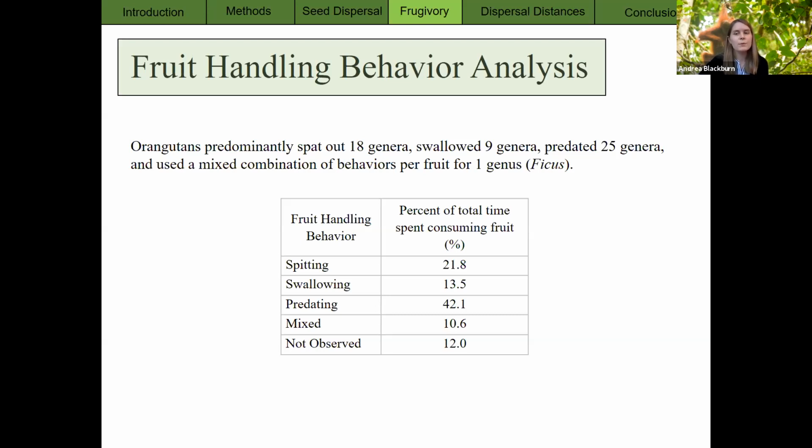We found orangutans spent most of their time predating seeds, 42% of the fruit feeding time, followed by seed spitting, about 21 to 22% of the fruit feeding time, then seed swallowing, 13.5% of their time spent feeding on fruit, and lastly, mixed handling behavior comprised the least amount of time, though this was only recorded for one genus, and so 10% of the time spent feeding on Ficus is actually quite a lot. And then the remaining fruit feeding time consisted of about 12%, and this we did not have handling behavior to correlate with this.